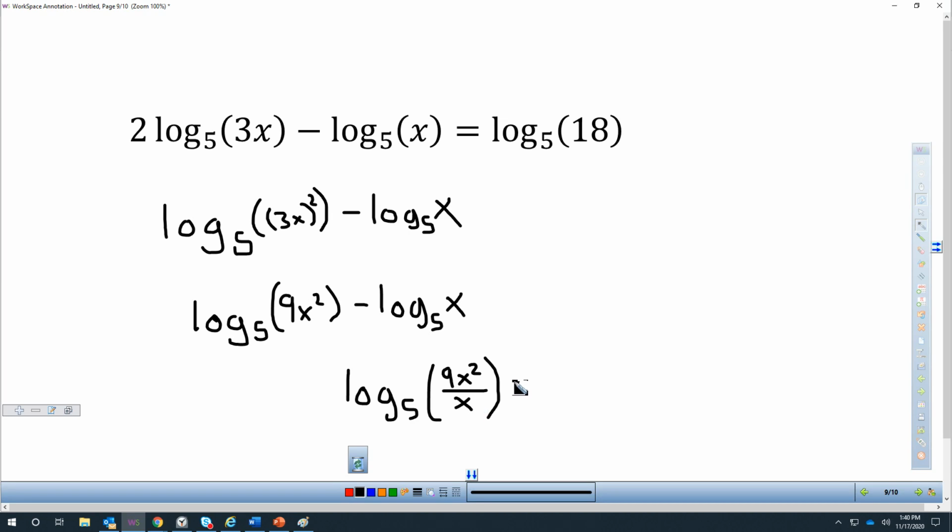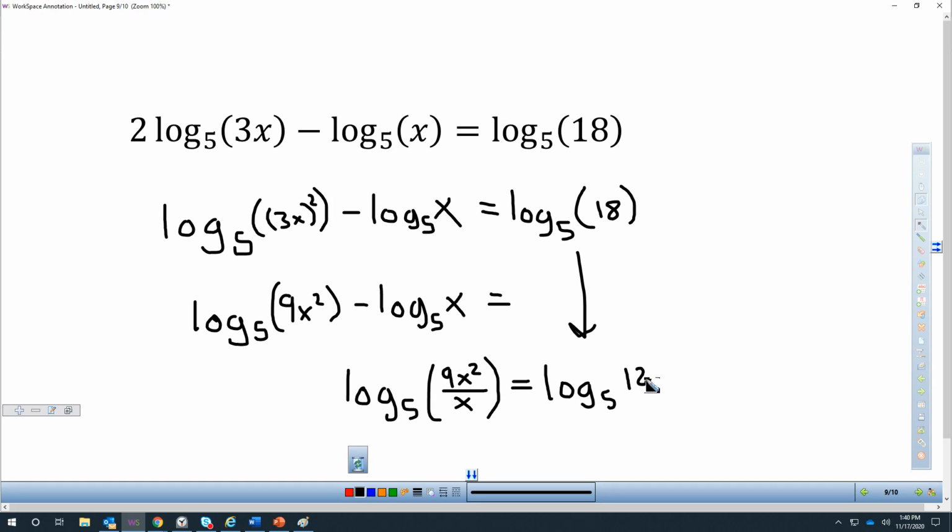Okay, and that is going to equal, so I haven't been keeping all the stuff coming down like I should, but this is going to equal log base 5 of 18. Okay, so that, all the way down to here, still equals log base 5 of 18.